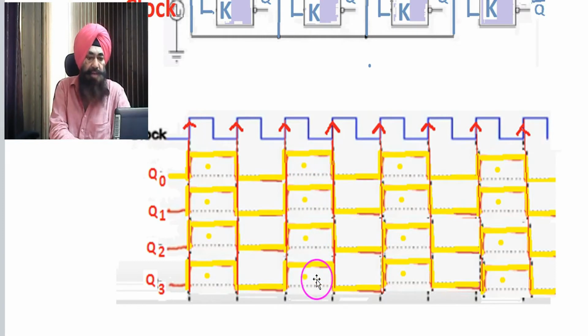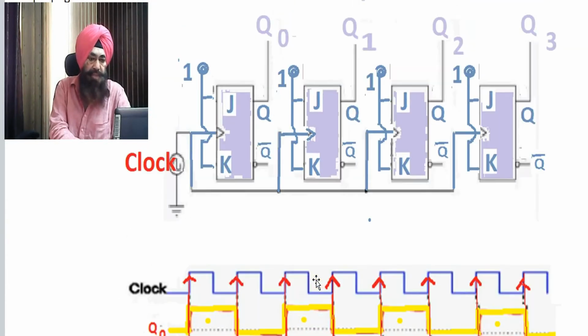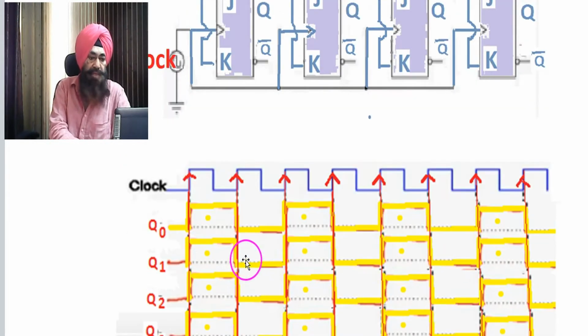So that's not counting. But it's just to understand, if we give the same clock and J, K are connected together, if we give a clock pulse, what happens to Q0, Q1, Q2, Q3? They will attain the same level each time the rising edge of the clock comes.